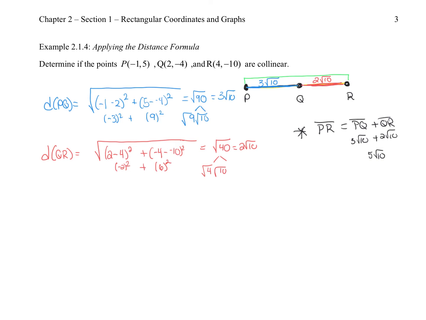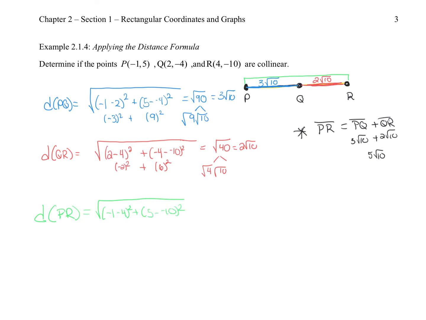So this big distance is my green distance. So I'm going to do the distance from P to R, not P to Q. P to R equals big square root of negative 1 minus 4 squared plus 5 minus negative 10 squared.